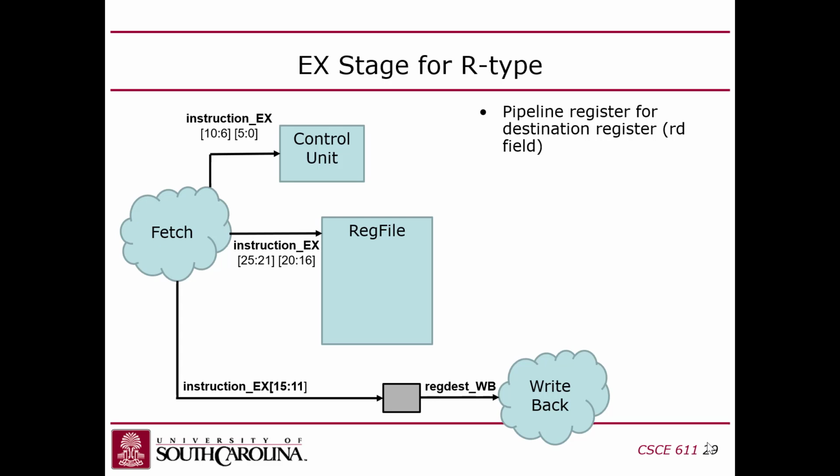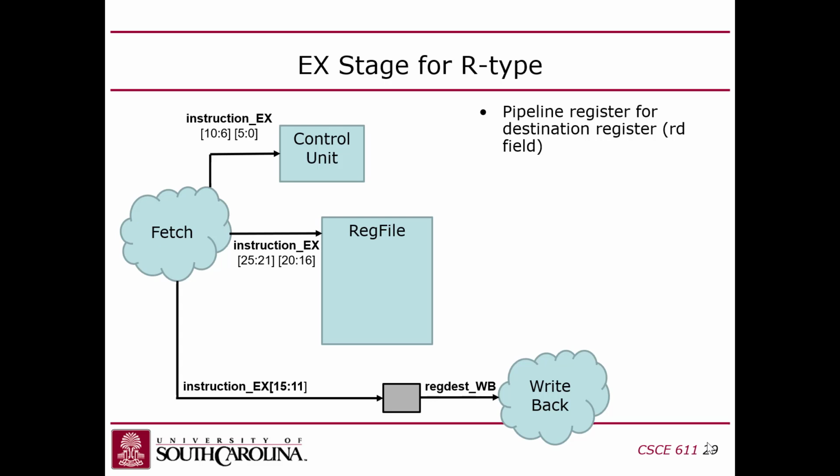Now you might say, well, wait a second, why don't you just take the RD field and plug that into the register file? Well, you can, except you have to be careful there, because the RD field in the instruction is something that's not used until the instruction gets to the write back stage. So you have to put a little delay in here. You guys with me? So you delay that register by 1 cycle, right?